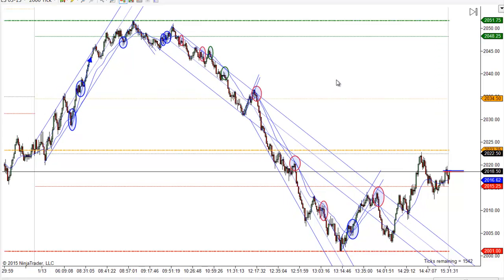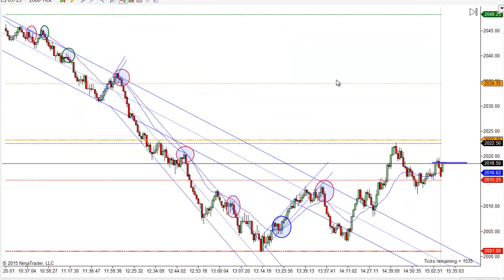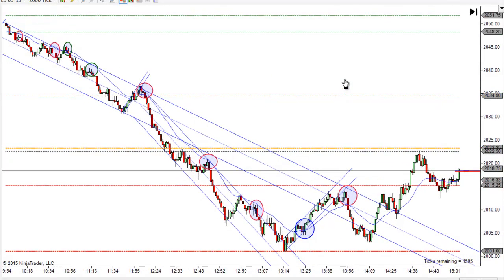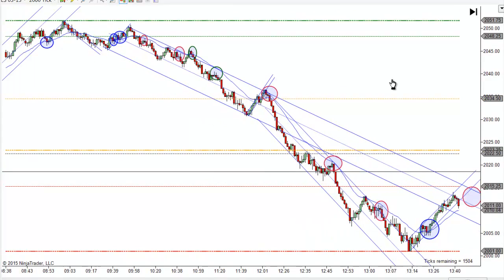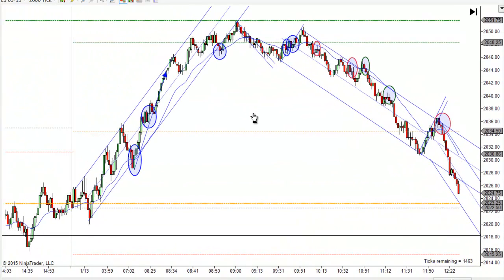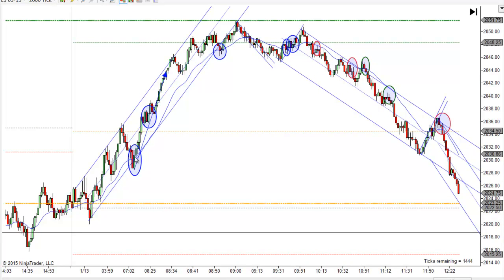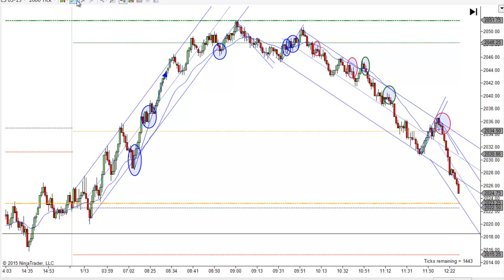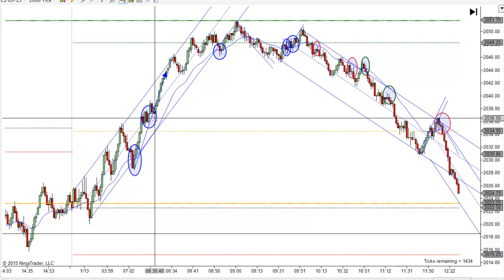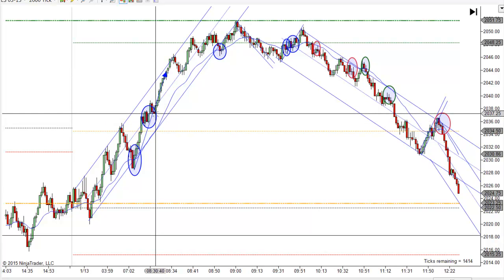I'm sorry. Somebody posted something about they were having a hard time finding 2-point stops because the bars were a little bigger. I don't see that today. This first trade might have been a little large, but most of these, let's just look at a few of them. Your entry on this one, the bottom of your bar is 35.75 and the top is 37 and a quarter.